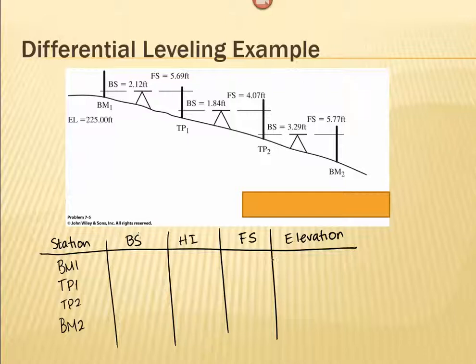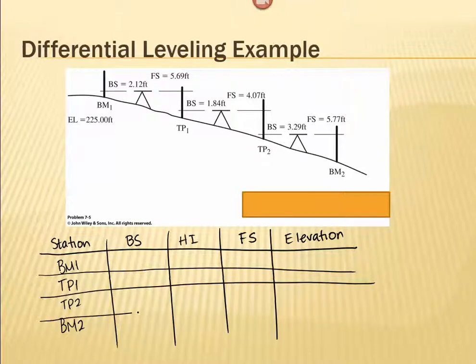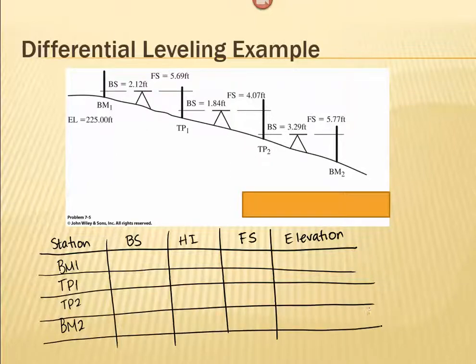Then we're going to start filling this table up, and I'm going to try to keep it straight. Look at that straight line, isn't it wonderful? I'm going to start filling it with the information from the measurements that I took. I know that the elevation starts right here at 225, and my first backside is 2.12.